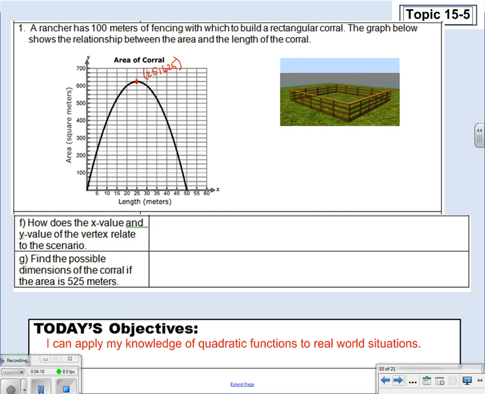Now, our next question says, how does the x value and the y value of the vertex relate to this scenario? Remember that our x value represents the length and the y value represents the area.